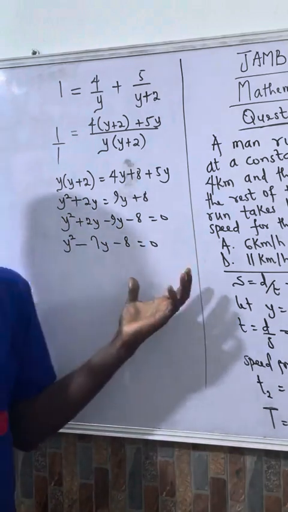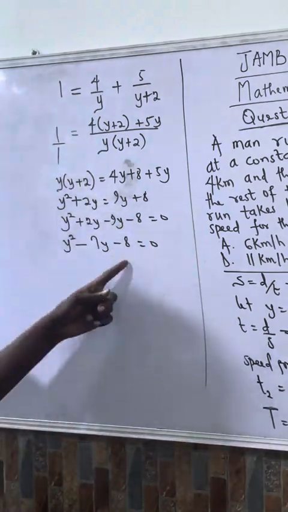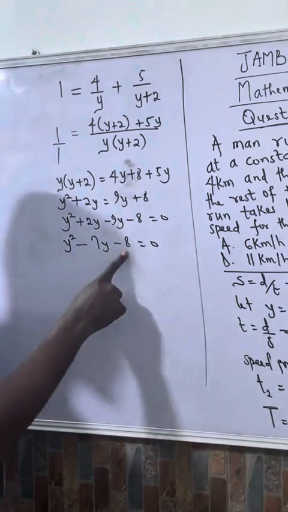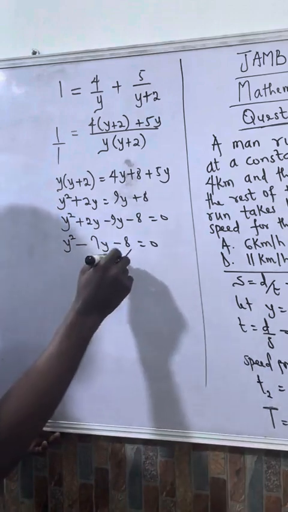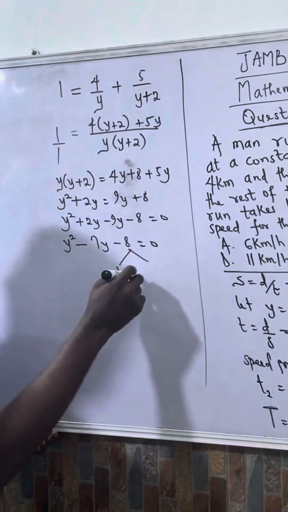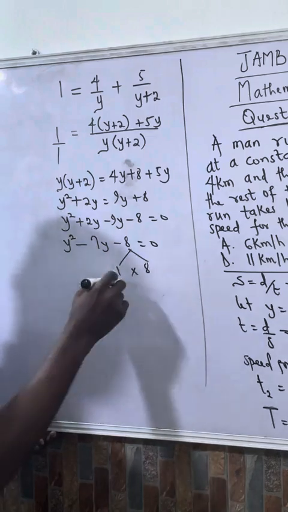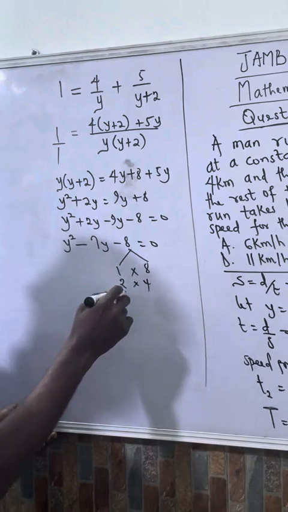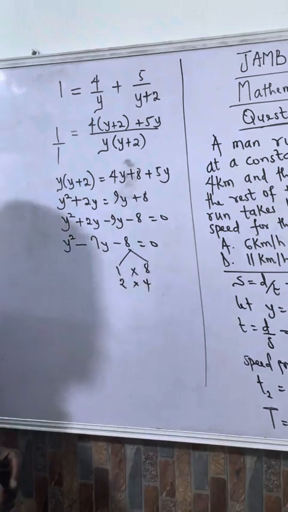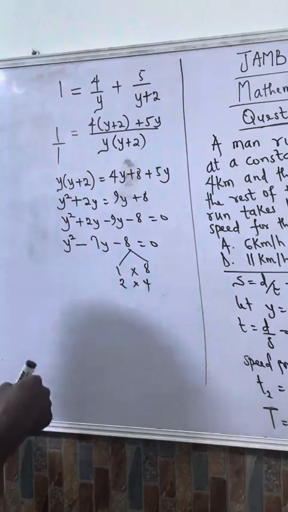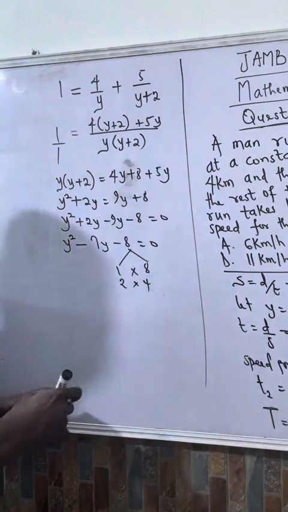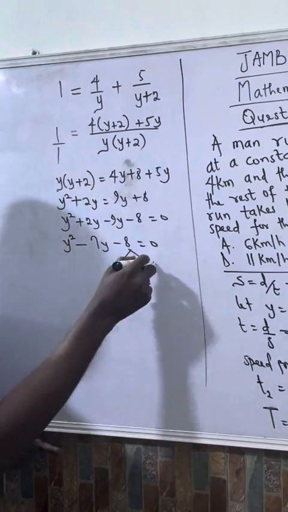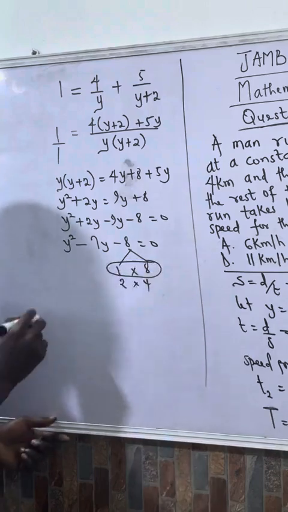Now this is quadratic. How do I solve this quadratic in a fast way? This is factorizable. All you need to care about is this 8. Let's look at the way we can break 8 down. 8 is the same thing as 1 times 8, and it is 2 times 4. Out of these factor pairs, which one can produce 7 among them? Of course, 8 and 1 will produce 7.